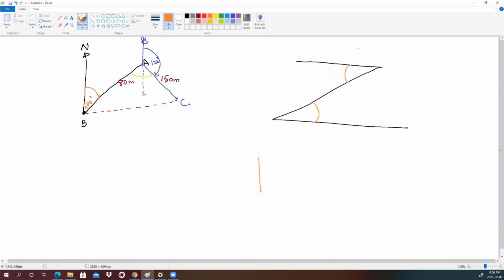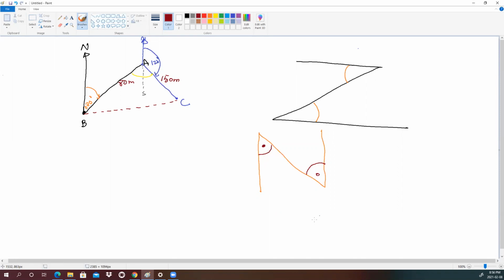If you turn the Z on its side like this, it's the same thing. This is equal to that. So if you turn the Z on its side like that, this angle is still equal to this angle.